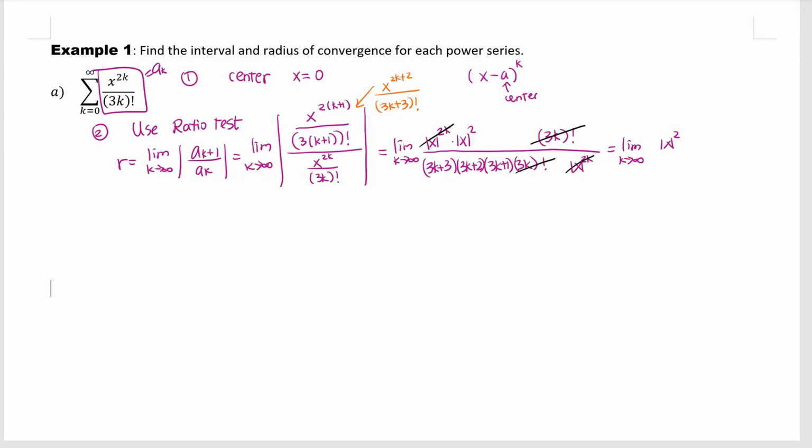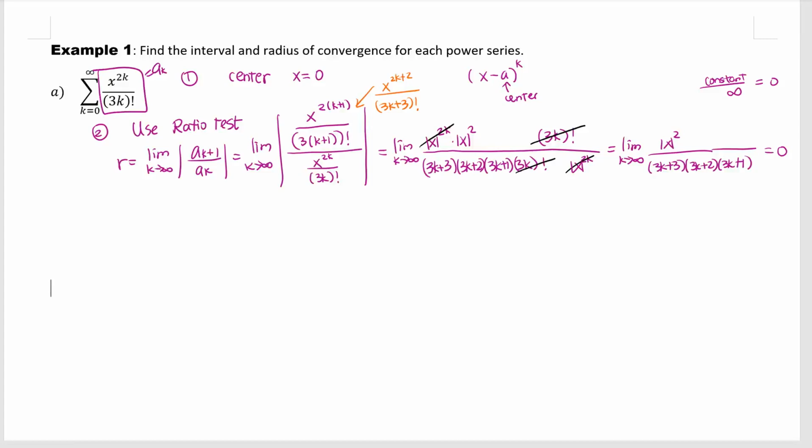Even though x squared is always positive, in general x can be negative. Then the denominator has 3k plus 3, 3k plus 2, 3k plus 1. This is the limit as k goes to infinity, not the limit about x. So when k goes to infinity, your x is like a constant. A constant over something going to infinity, what's the answer?